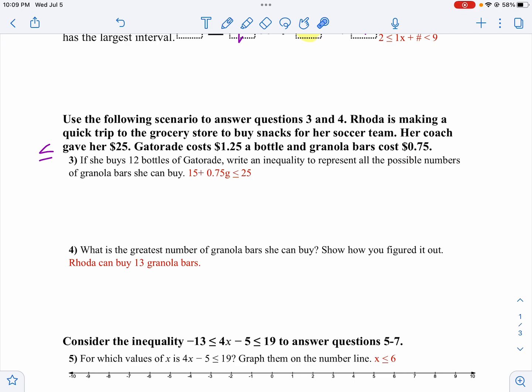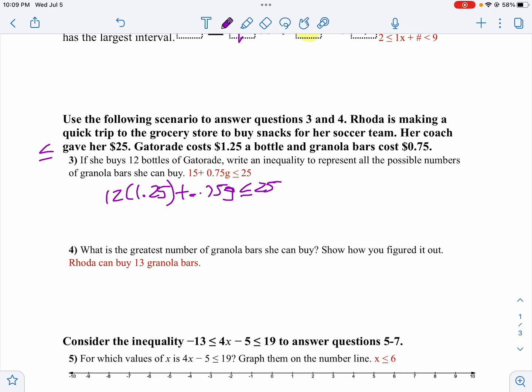Now, we're told she needs to buy 12 bottles of Gatorade for the team. So we're going to take 12 times $1.25. We don't know how many granolas she's going to buy, so plus 0.75 times the number of granolas, and that's going to be less than or equal to 25.